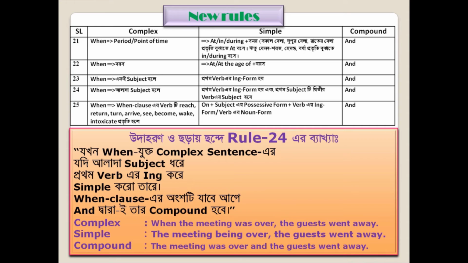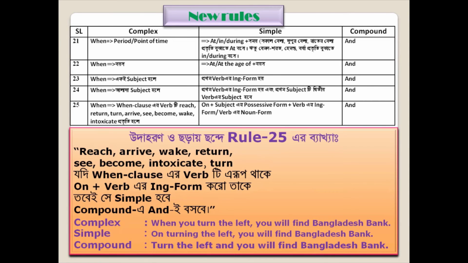Rules number 25. When the when clause takes the verb reach, return, turn, arrive, see, become, awake, intoxicate, etc., you will have to follow the structure on plus possessive form of the subject plus ing form of the verb in simple, and in compound you will have to use only and.